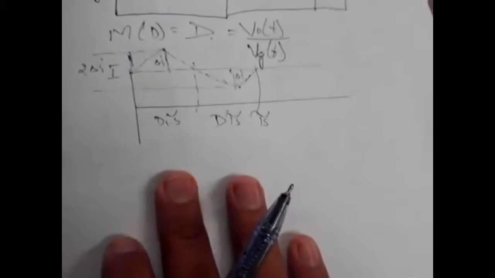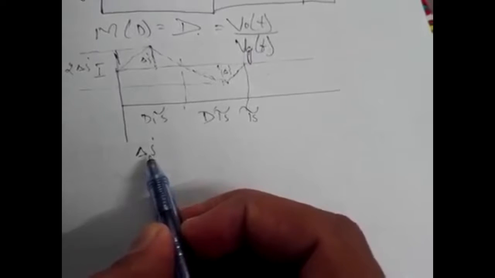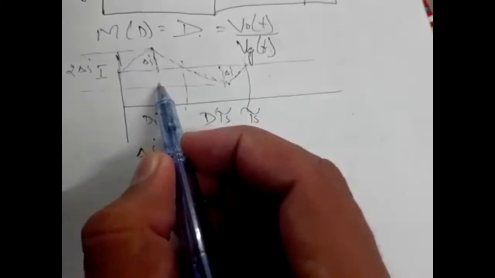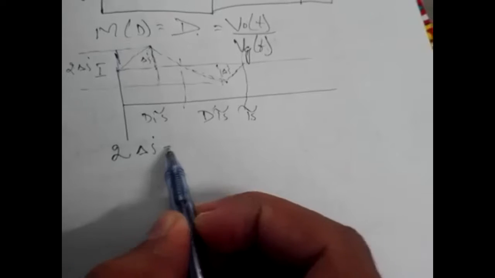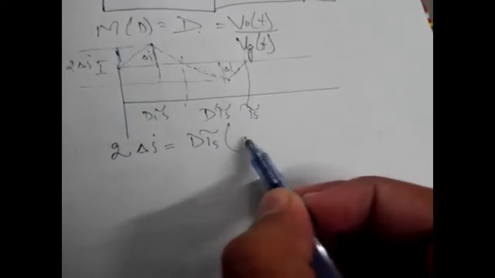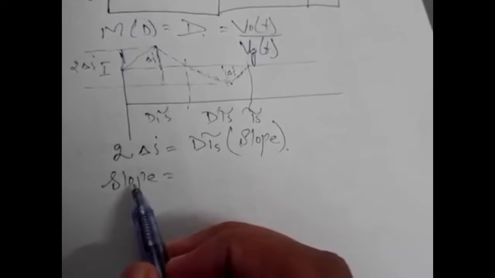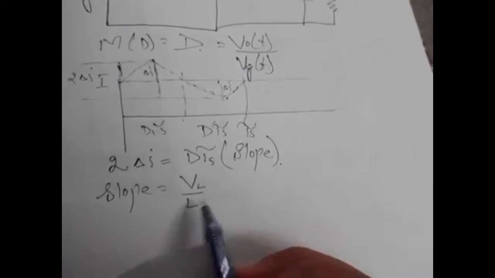Now in order to find the inductor current ripple, we know that 2 del I will be equal to dTs multiplied by the slope. Now the slope here is equal to VL by L, where VL is this voltage.